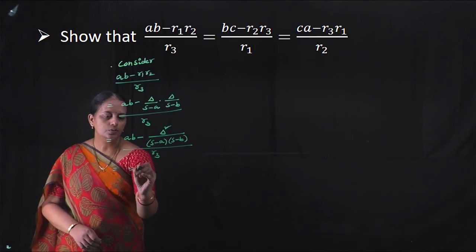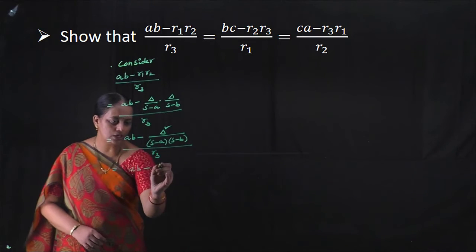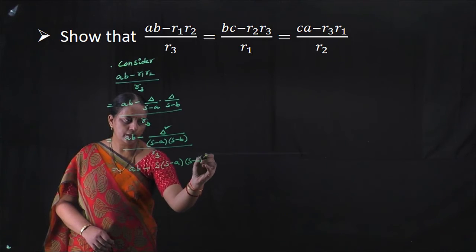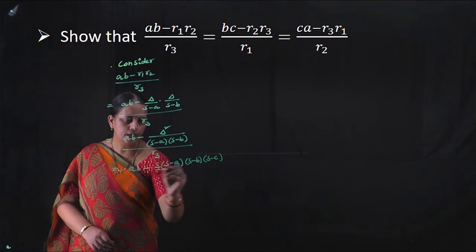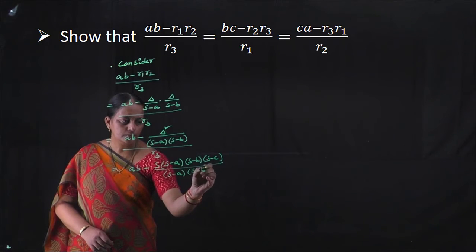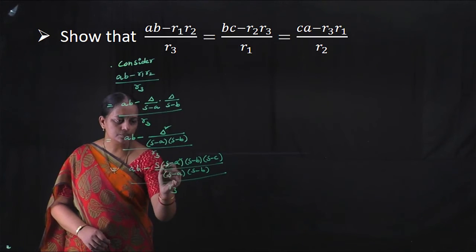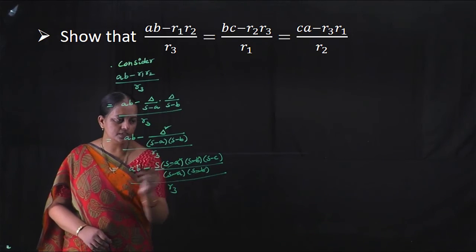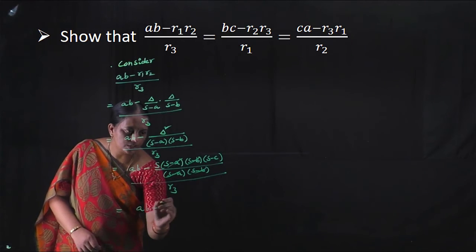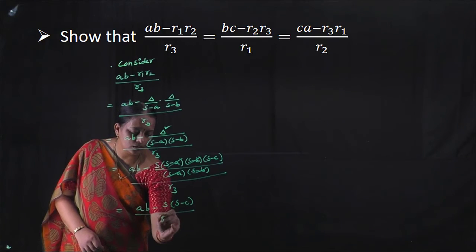This is equal to AB minus, from Heron's formula we know that delta square is equal to S into S minus A, S minus B, S minus C by S minus A into S minus B by R3. Here S minus A, S minus A, S minus B, S minus B get cancelled. This is equal to AB minus S into S minus C by R3.